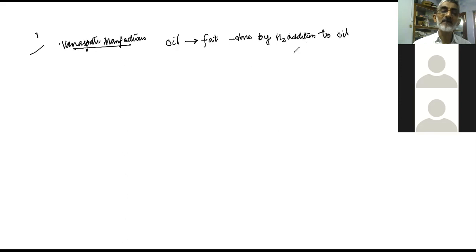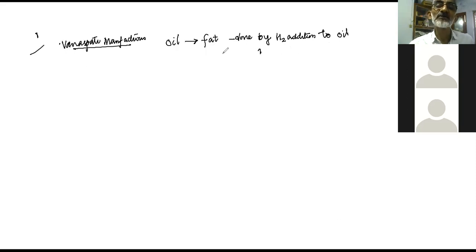Because oil contains double bonded oleic acid component. You saturate it, it will become stearic acid or palmitic acid mixture. And that will make the melting point high.